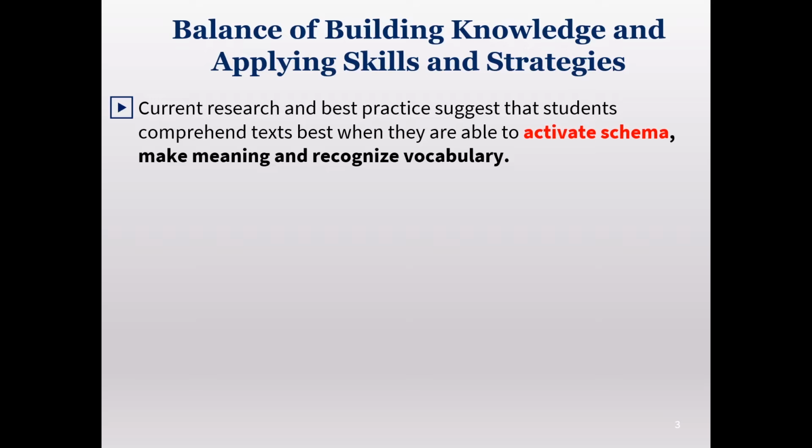And that current research and best practice suggests that students comprehend text best when they're able to activate schema, make meaning, and recognize vocabulary. Well, there's been a little bit of misinformation and a little bit of clarification needed on what we're talking about, especially at the middle and high school level when we're talking about activating schema.